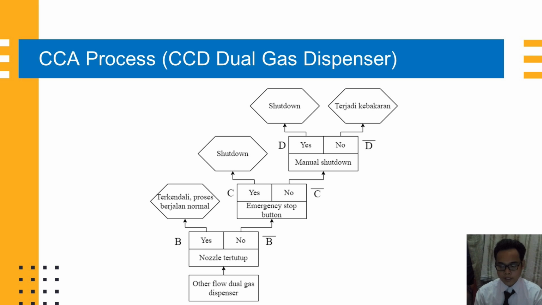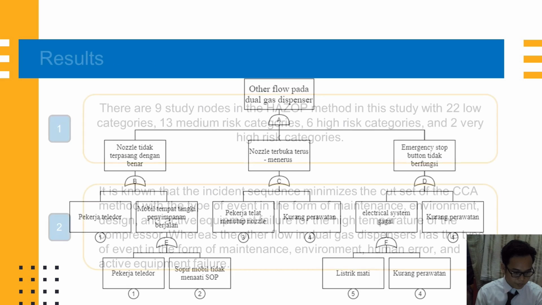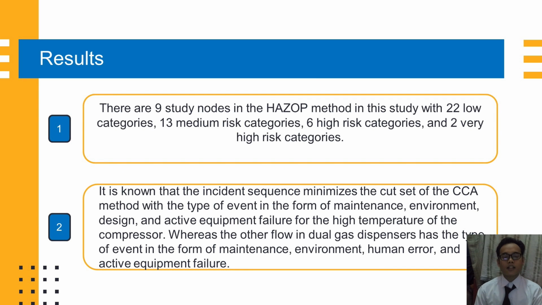From this analysis, the results obtained are 9 study nodes in the hazard operability method in this study with 22 low risk, 13 medium risk, 6 high risk, and 2 very high risk categories.